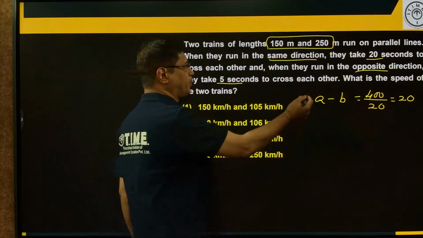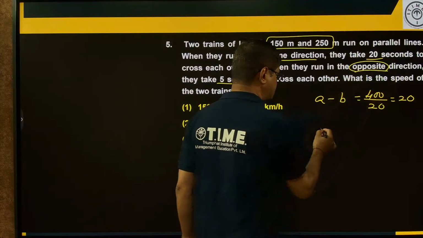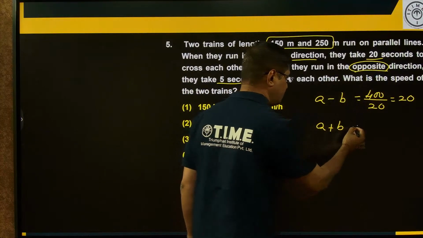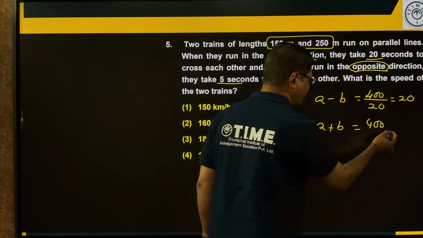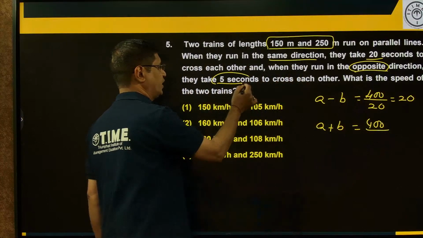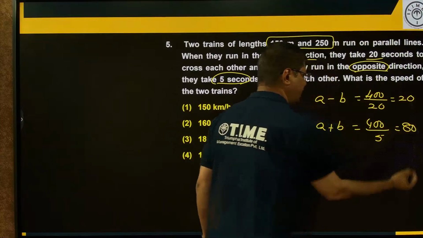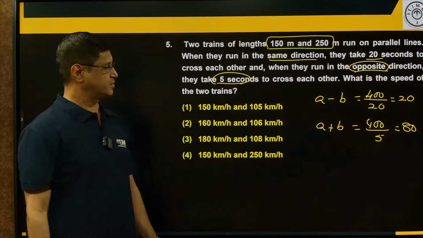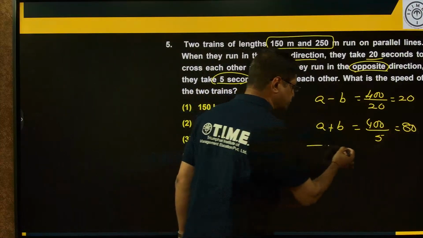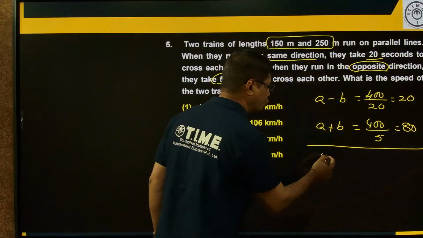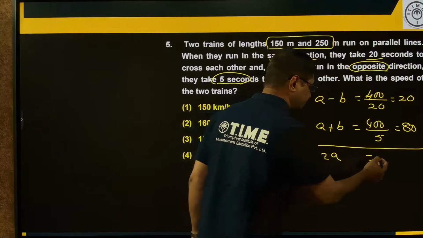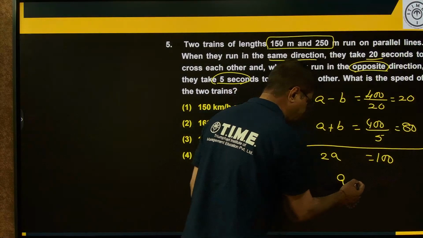When they are moving in opposite directions, it means A plus B. Distance is the same, that is 400, and it took only 5 seconds. Simplify, it will give 80. Solving this, by adding both the equations, B gets cancelled. Now 2A is equal to 100, meaning A is equal to 50.